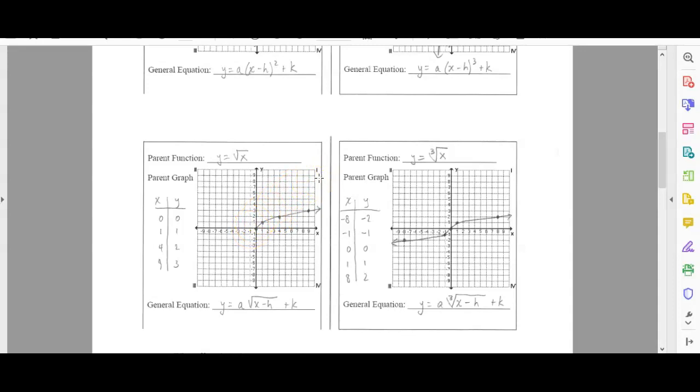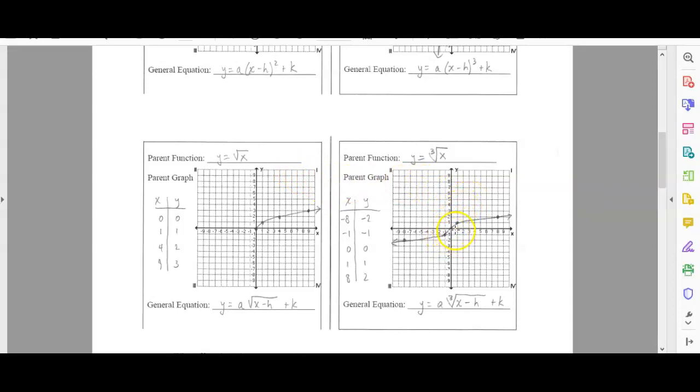So it's stretching it out. And if I used a value between 0 and 1, it would pull it toward the x-axis. All right, so the curve itself looks like it would get wider if I pulled it away, but remember it's in relation to the x-axis, so it's stretching it vertically when I have a value greater than 1 for a.